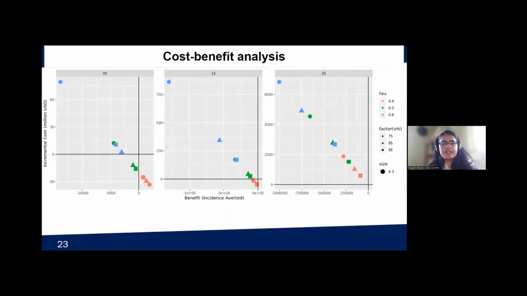Next, if I then look at more benefit versus cost comparisons, on the x-axis we have incidence averted. So it will be incidence in the baseline minus incidence in the different scenarios. Baseline is again the transmission rate calibrated to the New York City outbreak in 2019.